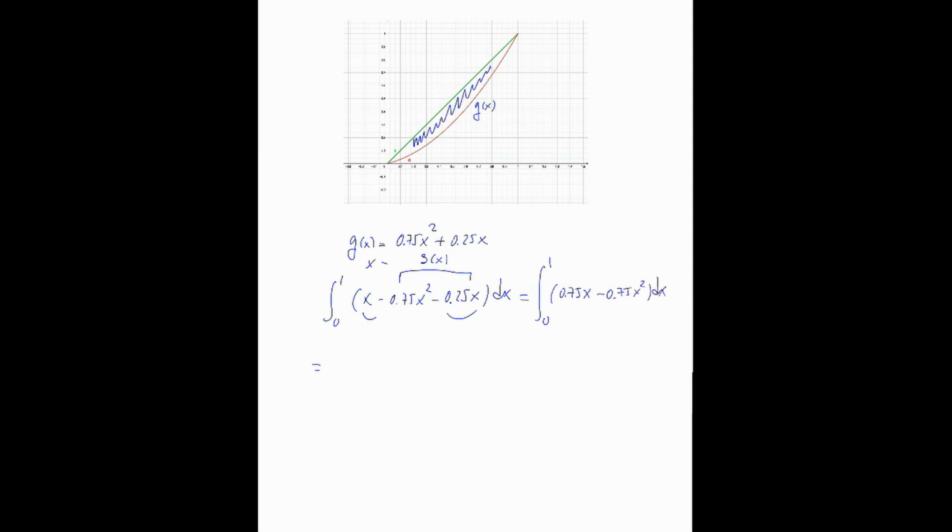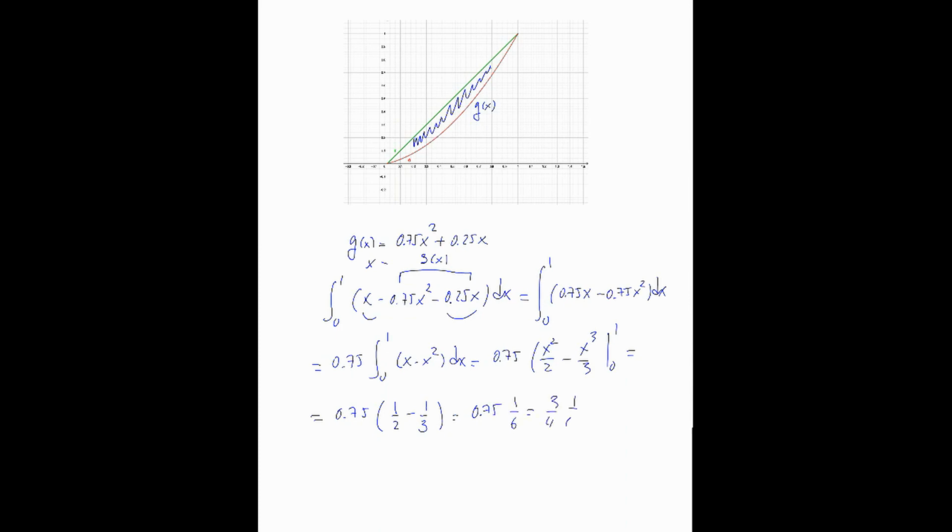I can take the 0.75 out: x minus x squared. So that's 0.75 times x squared by 2 minus x cubed by 3, between 0 and 1. That's 0.75 times 1/2 minus 1/3, and the other part for 0 is 0. 1/2 minus 1/3 is 1/6.